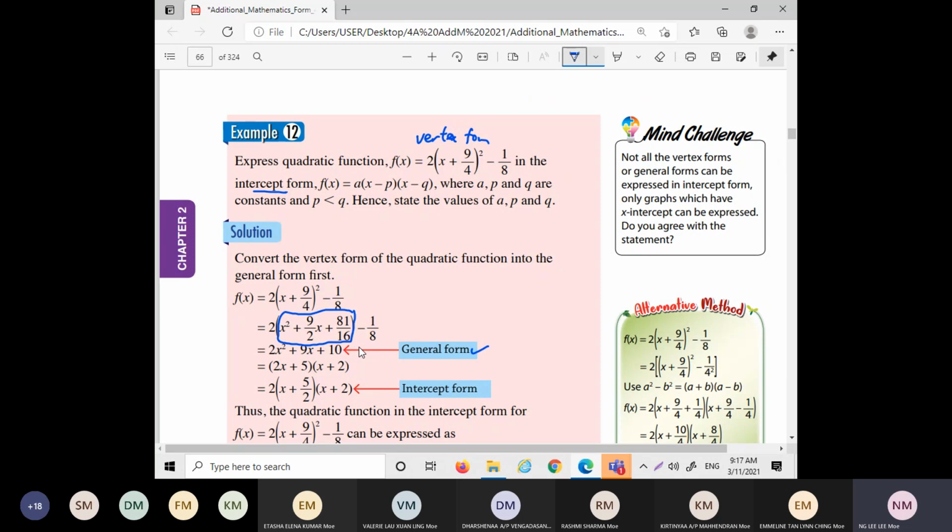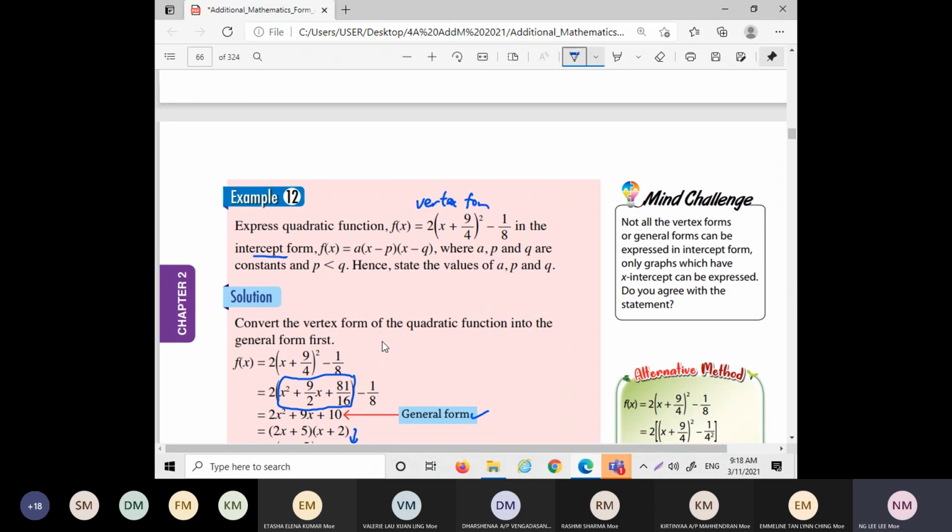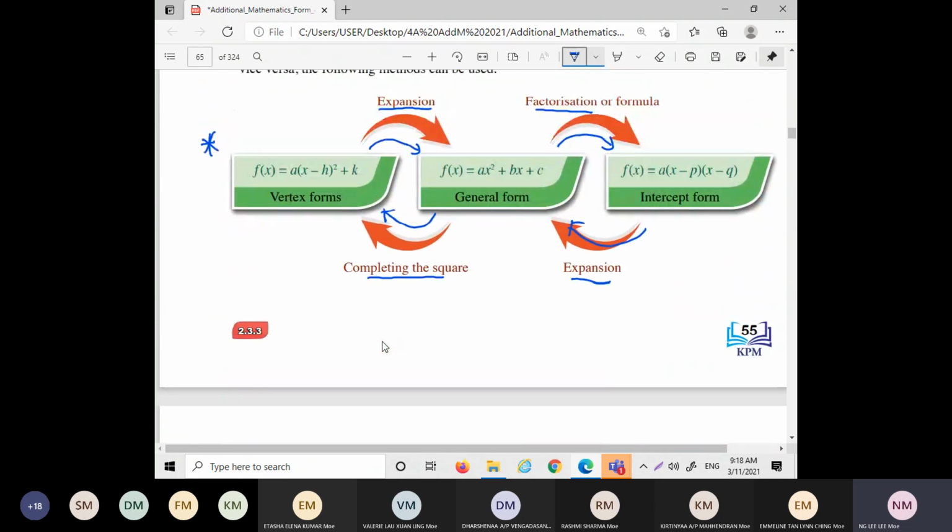After that, from this general form, you do factorization. So this is intercept form. You cannot just stop here. You got to continue, because let us see the intercept form here, for the x here in front is 1.